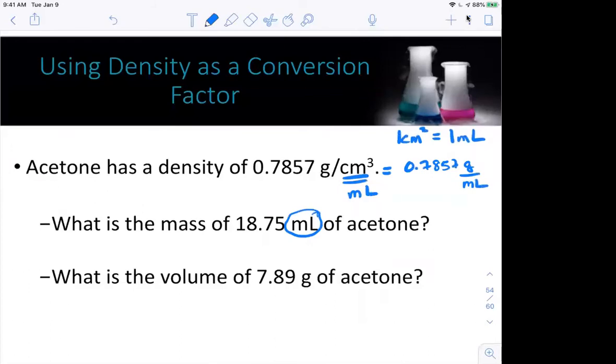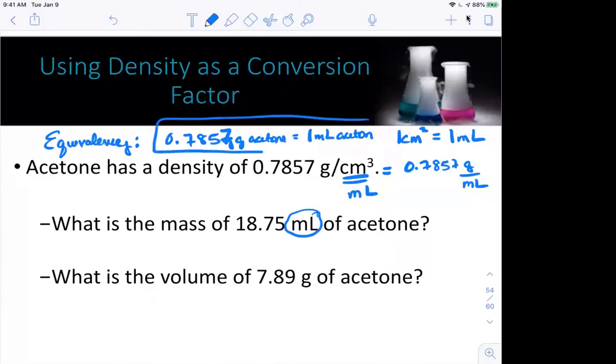So what this is saying is my equivalence statement is this. I have 0.7857 grams of acetone for every 1 milliliter of acetone. So this is the basis for my conversion factor. So here I have the given.